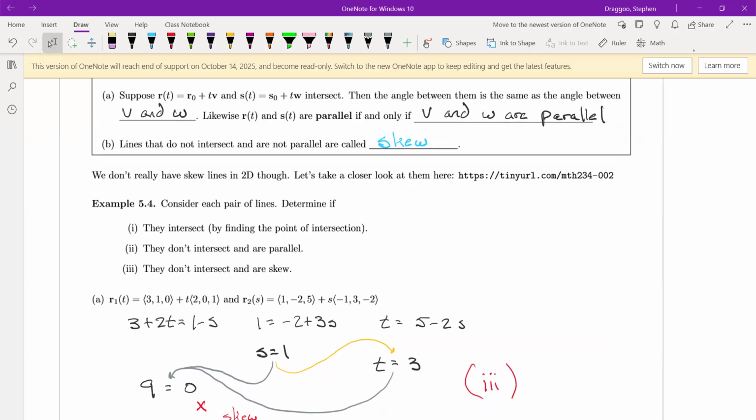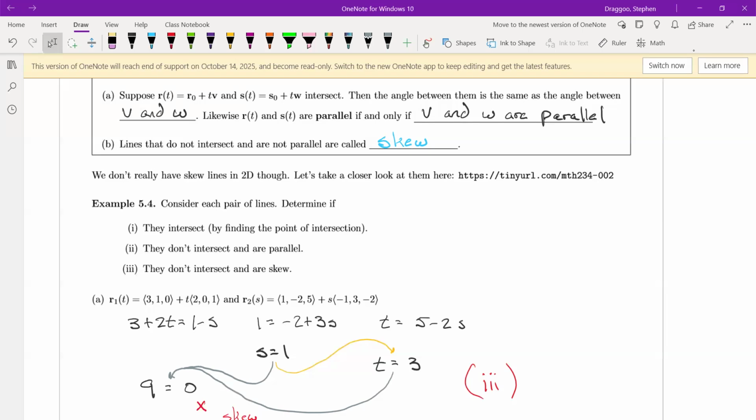But where in regular old algebra, where we're working in 2 space, we can look at a pair of lines and either say they intersect somewhere because they're 2 lines, they always intersect at a point, or they're parallel, meaning they never intersect. When we step up to 3 dimensions, we can still have both of those cases, 2 parallel lines that won't intersect, 2 lines that do intersect at a point.